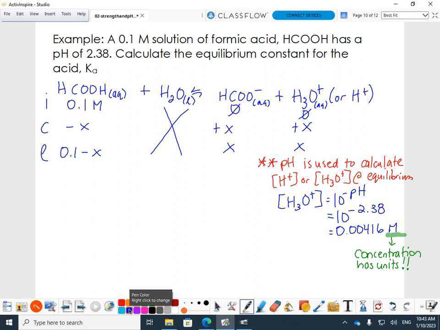And it's unfortunate because there's so many other things in this section that have no units. Okay, so it tells us the H3O plus at equilibrium, that's perfect. It's only X, and it will be like this every time. Every equation you write should have coefficients of 1, which makes your life easier.